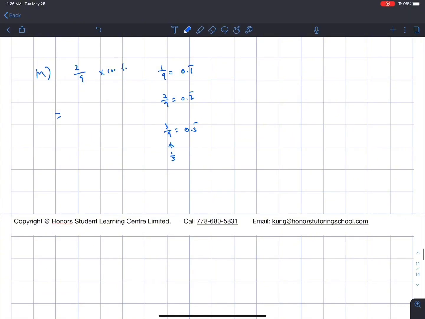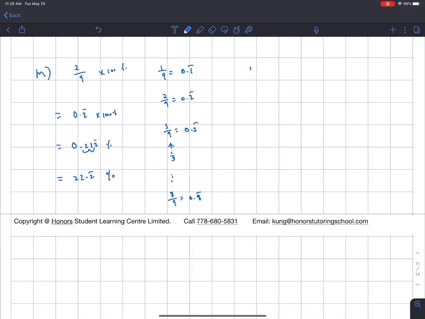So on and so forth. 8 over 9 is going to be 0.8 repeating. Okay, so 2 over 9 is really just 0.2 repeating times 100%. I can give this a few more decimal points. I can move the decimal point 2 to the right, and we get 22.2 repeating percent.